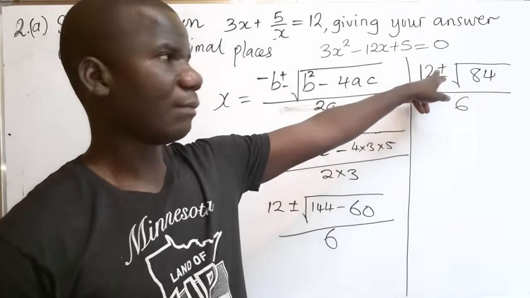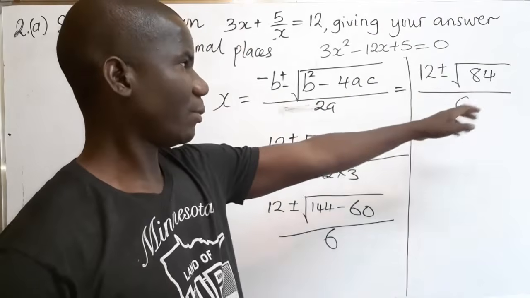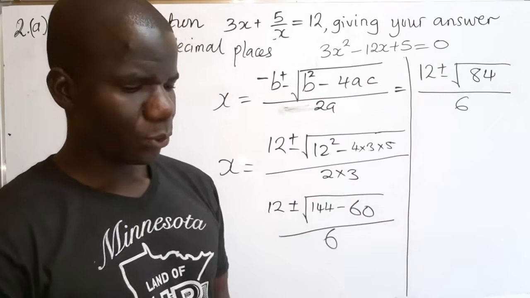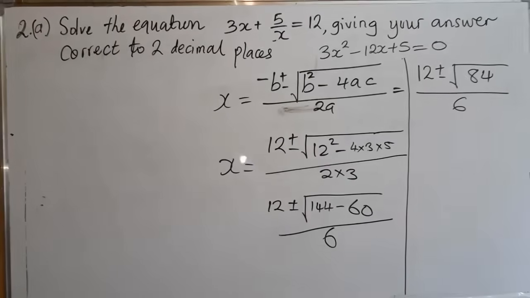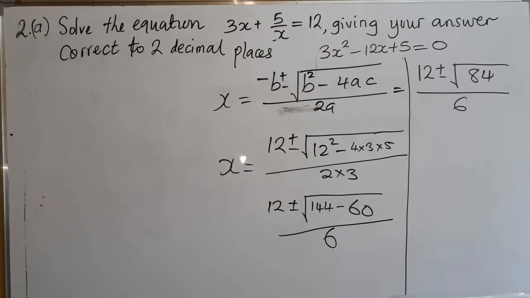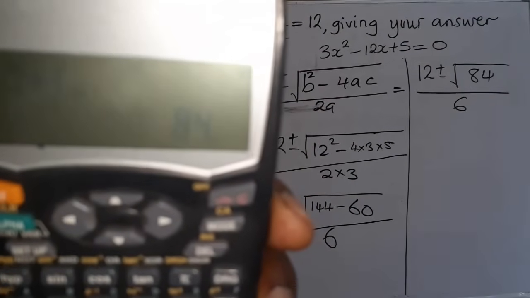The other one is going to come from a minus. So we'll start with, let me see if I can show you. We just say 12 plus the square root of 84. Are we able to see this?